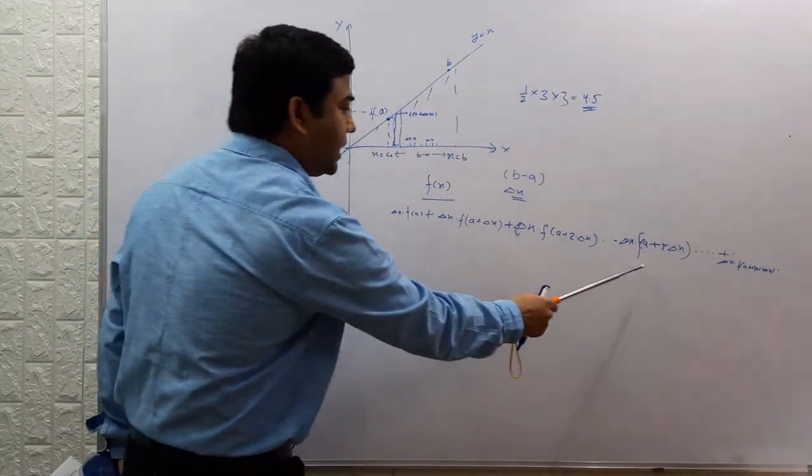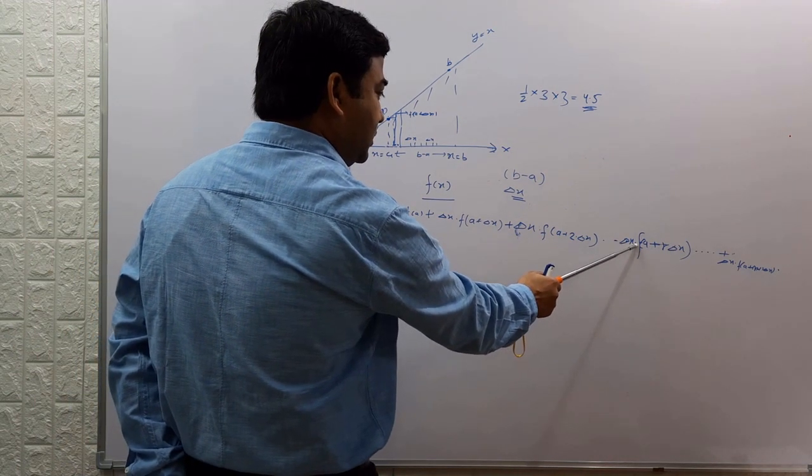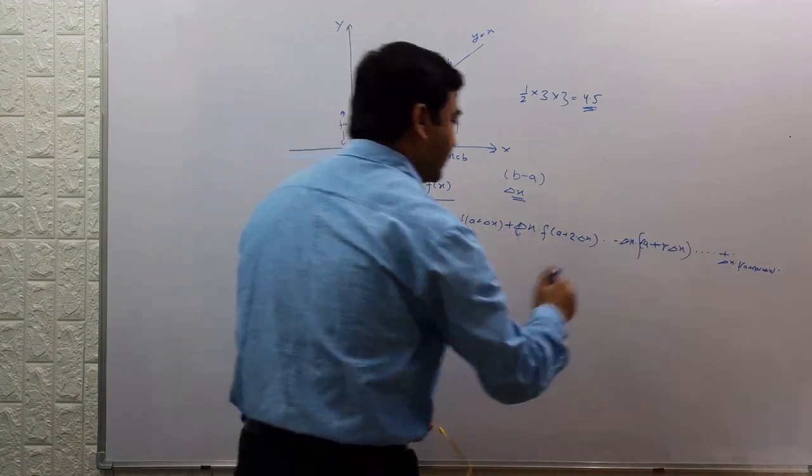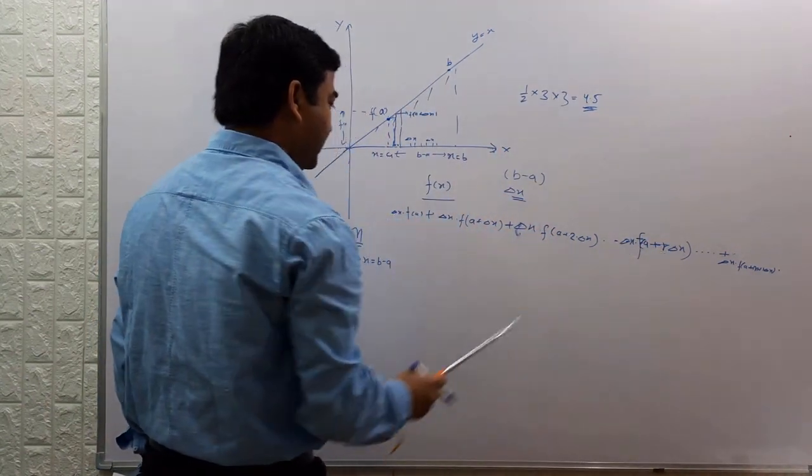The general term of this series will be delta x into f(a plus r delta x).